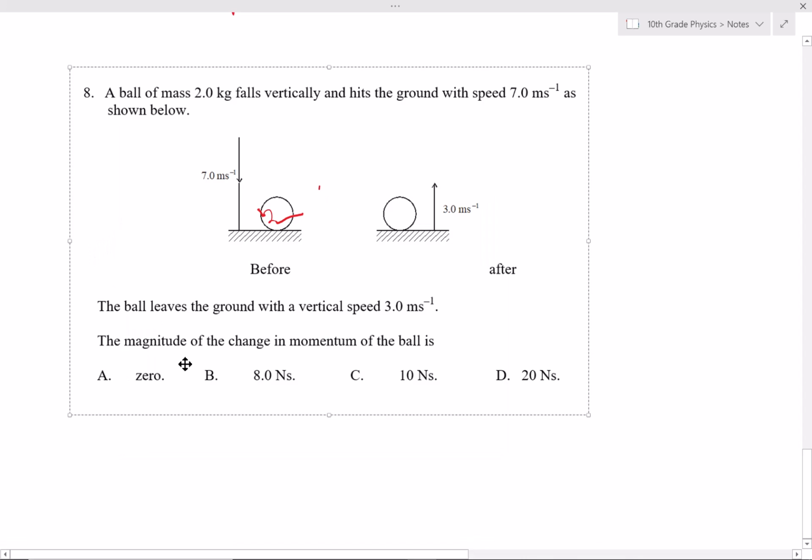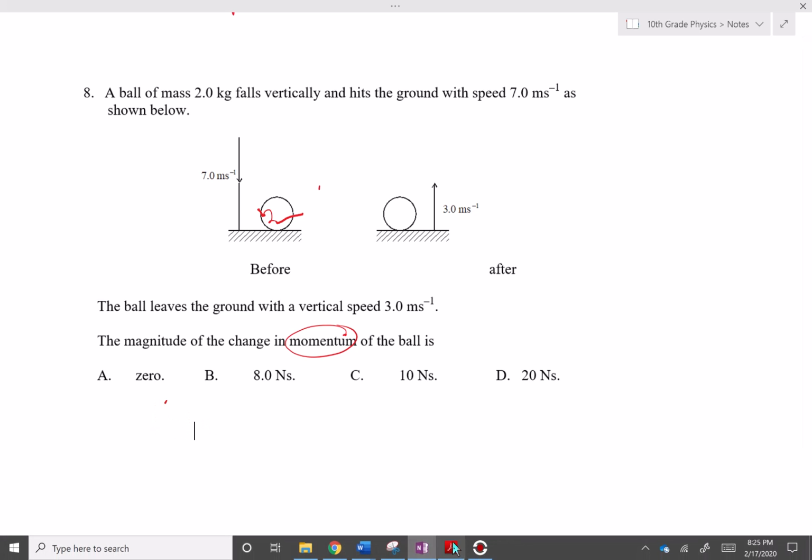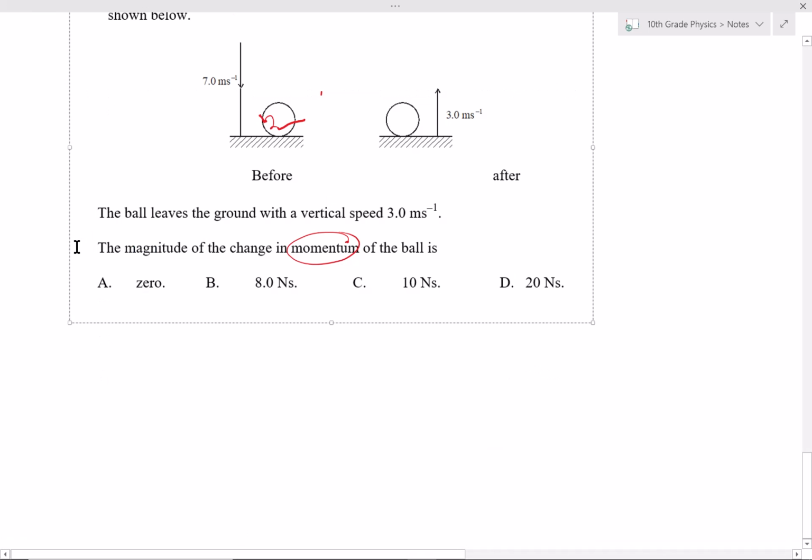Okay, so basically we're talking about momentum, so momentum is P. Momentum, which is given by P, is equal to mass times velocity.